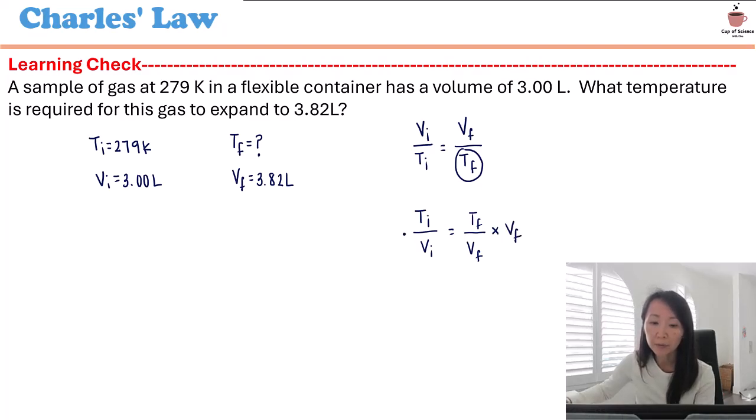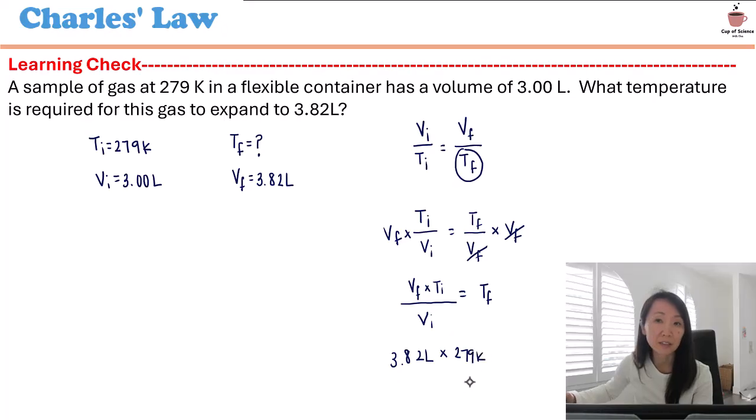Multiply V final on both sides. That will cancel out the V final. And we have T final is equal to V final times T initial all over V initial. If I were to plug this in, we have V final as 3.82. T initial is 279 Kelvin. It's already in Kelvin, not in Celsius, all over V initial, which is 3.00 liters.